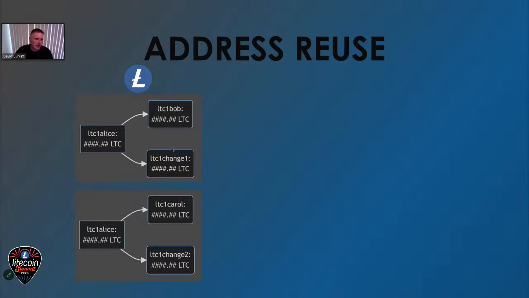And then later she may receive more Litecoins in that address. And then when she spends those, maybe to Carol, she gets the change back. But everybody knows that each and every transaction involving that address in perpetuity is Alice. So every time more funds go to or from there, you can link that entire transaction directly to Alice.